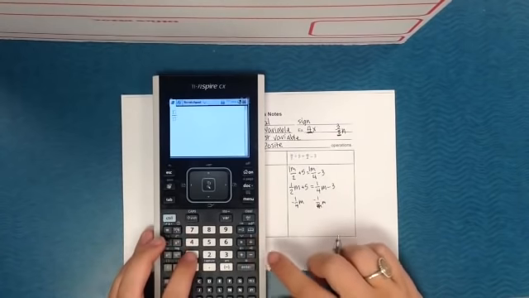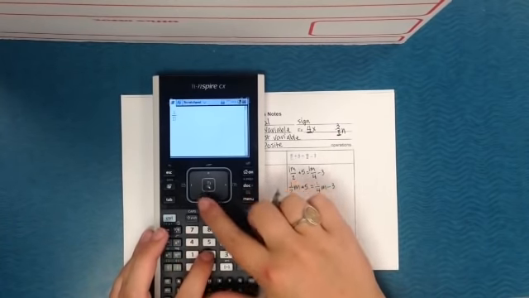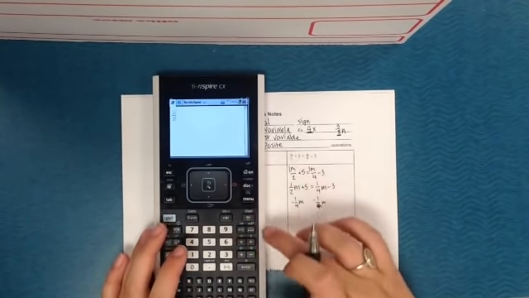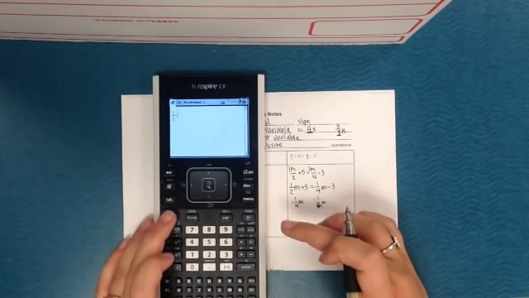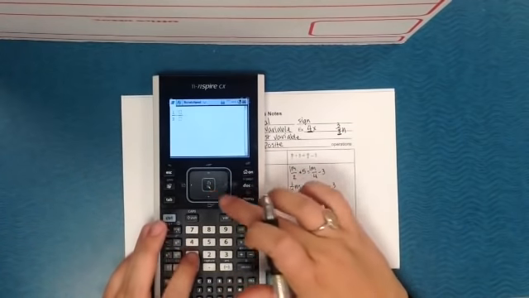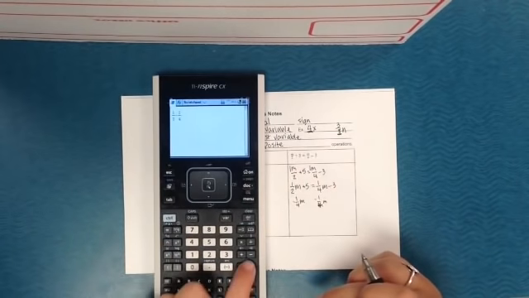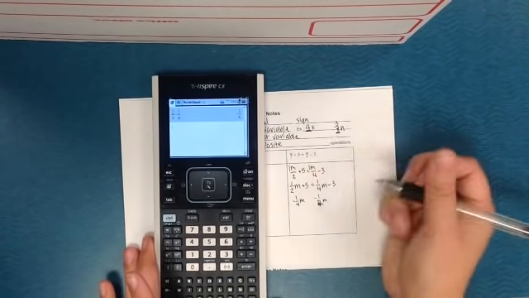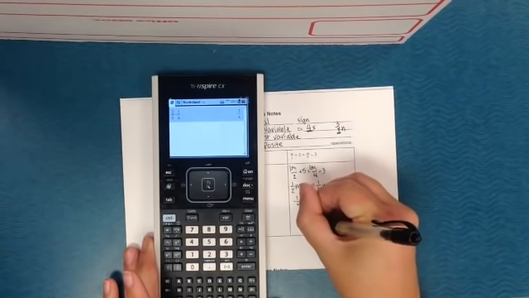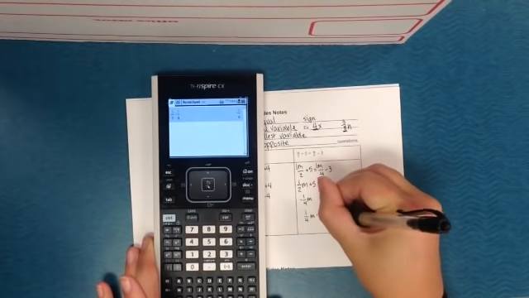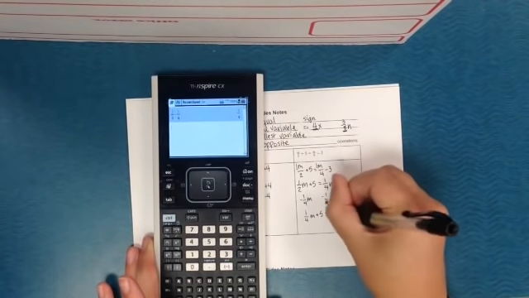So we can type in 1/2 minus 1/4, which is going to get you 1/4 m. So you'll be left with 1/4 m plus 5 equals negative 3.